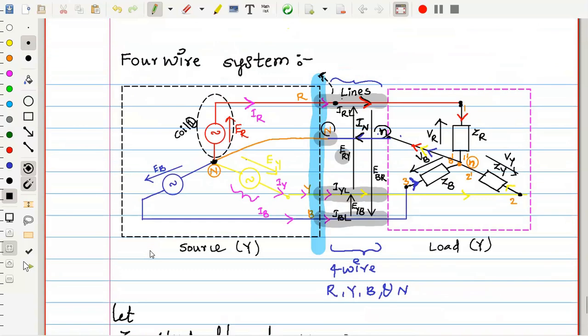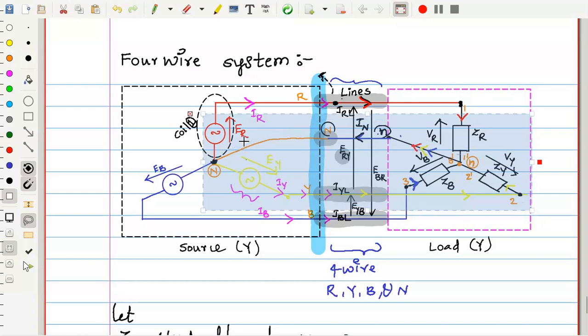Similarly, you can try for the Y phase corresponding things, and the neutral.